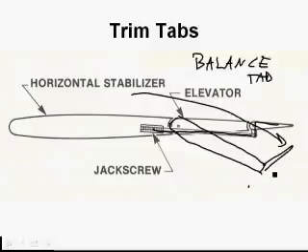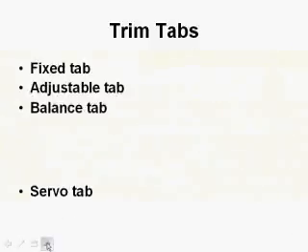The slipstream is going to help push the elevator in the same direction that you're going. You don't have any control over this. It's got a jack screw in here because this can also be used as an adjustable tab, but this one is set up so that the balance tab actually helps you move the flight control. If you move the elevator back to neutral, then the balance tab would be back to neutral. So it only helps you when you're trying to move the flight control.